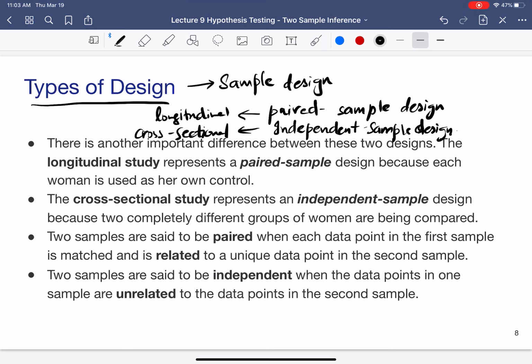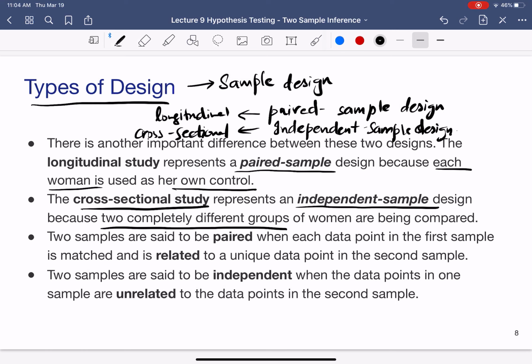So what are the two differences between them? In a paired sample design, we use each woman as her own control. In a cross-sectional study, that represents an independent sample design, because we take two completely different groups and we are comparing them. So the two samples are completely separate from each other and do not have anything in common with each other. Each sample will have its own control.